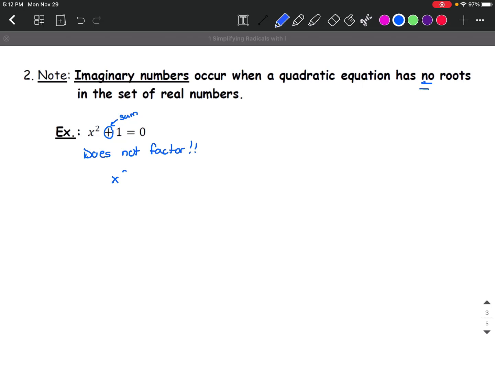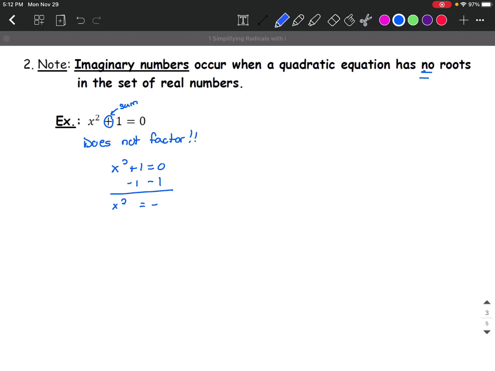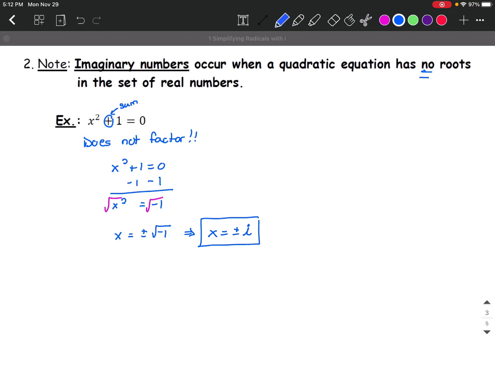So the only way to solve this would be to do what we did in the second method, which is subtract 1 from both sides, and we have x squared equals negative 1. Now, when we square root both sides, we have x equals plus or minus the square root of negative 1. What is that? That's the imaginary number, and this is x equals positive and negative I. So x is the imaginary number.